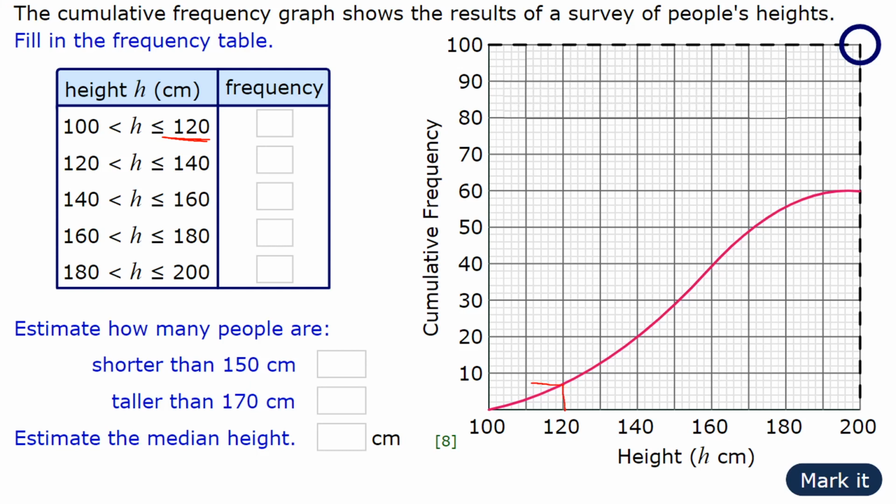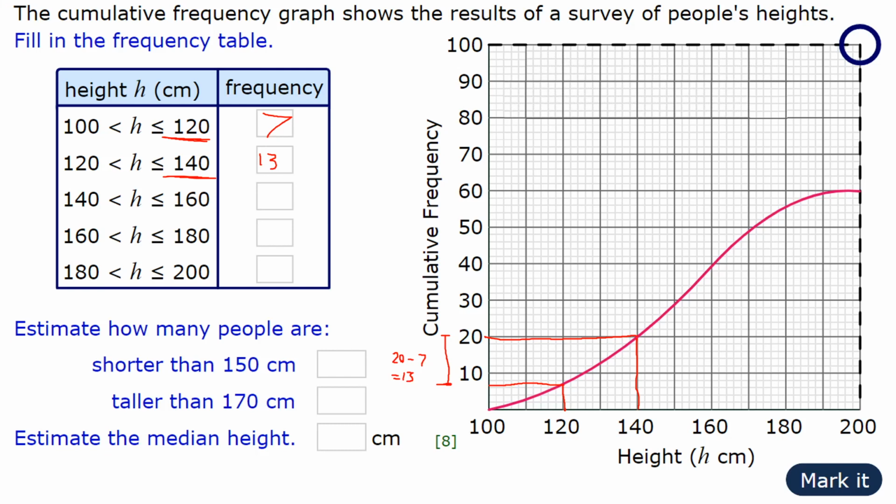And we can see that this is at about 7, okay? Next thing we're going to do is go to 140, which is here. And we can see that the cumulative frequency is 20, which means that this point here to here is just going to be 20 minus 7, which is equal to 13, okay?